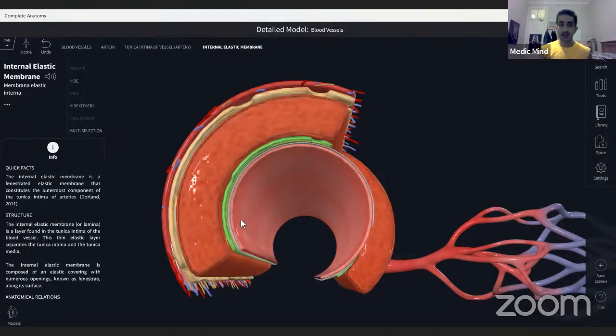The internal elastic membrane found in your tunica intima is there for elasticity. It contains lots of elastin, which allows for stretch and recoil.